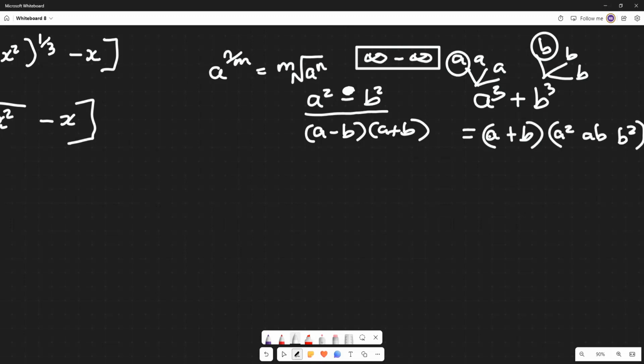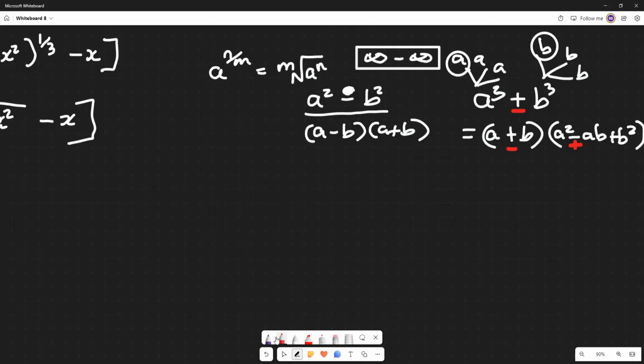So if it's a plus in the first bracket, the middle term will be a minus, and the last will always be a plus. If the first is a minus, the middle will be a plus, and the last is still a plus. This is the difference: you use this one if you have cube roots, and the square-root one if you have square roots.